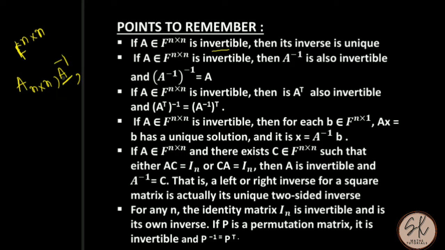Any matrix is invertible if and only if its determinant is not equal to 0, and a matrix whose determinant is not equal to 0 is called a non-singular matrix.